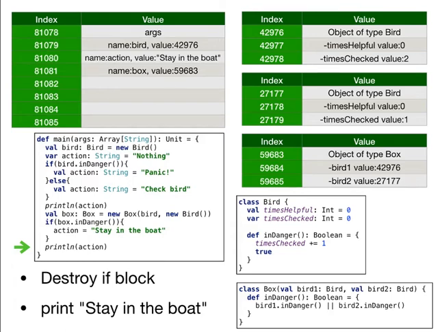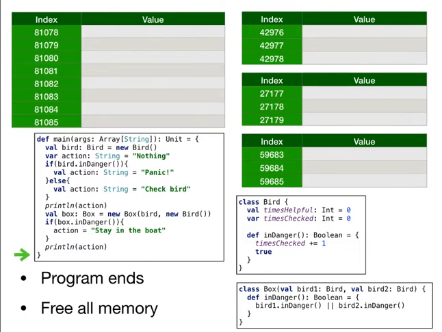I'm not printing out that string nothing anymore. I did actually change the value in the variable named action in the scope of the main method. Then we hit the end of our program, give all that memory back to the OS, and get on with our lives.